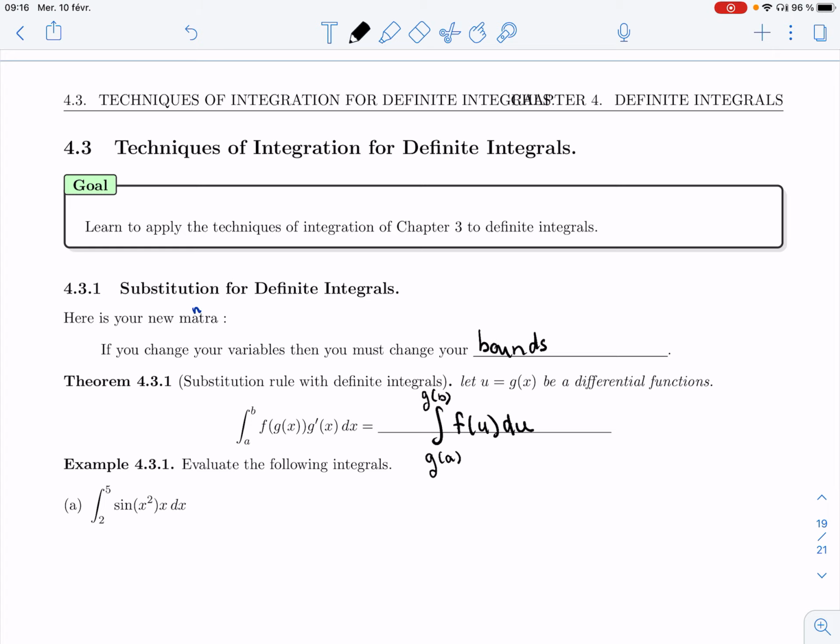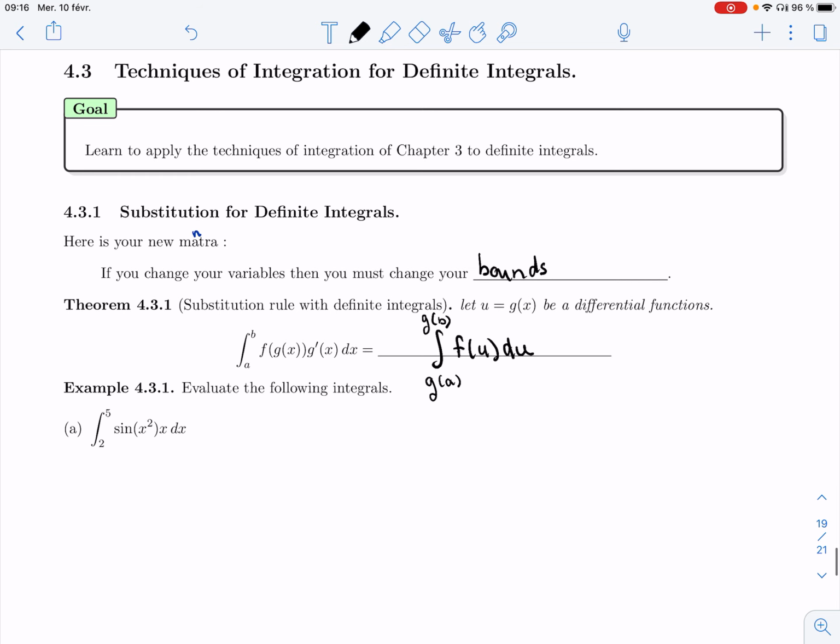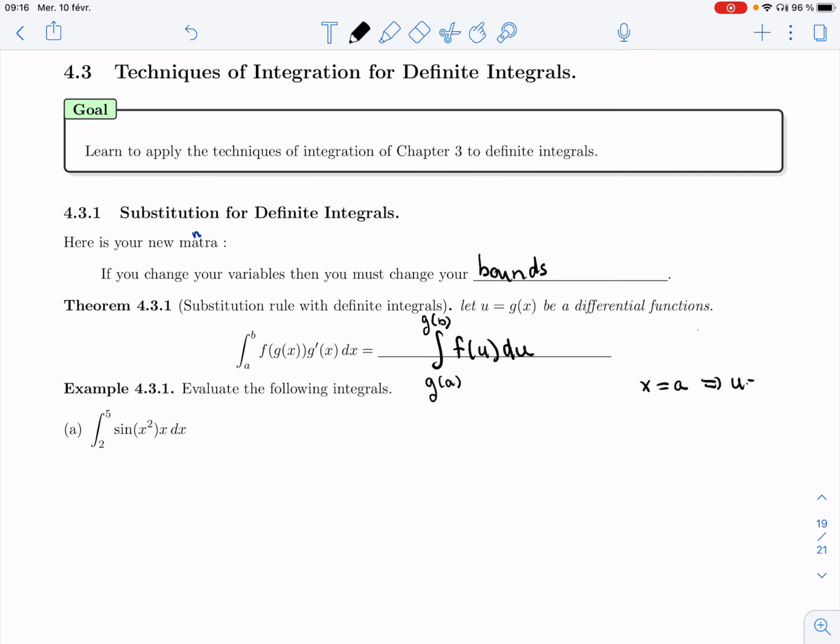So that means when x is equal to a, u will not be a, u will be g of a because u is g of x. And if x is b, then u will be g of b. That's why the bounds here have g applied to them, because now they're the values of u. Since u is your variable, those bounds need to be the value of u.